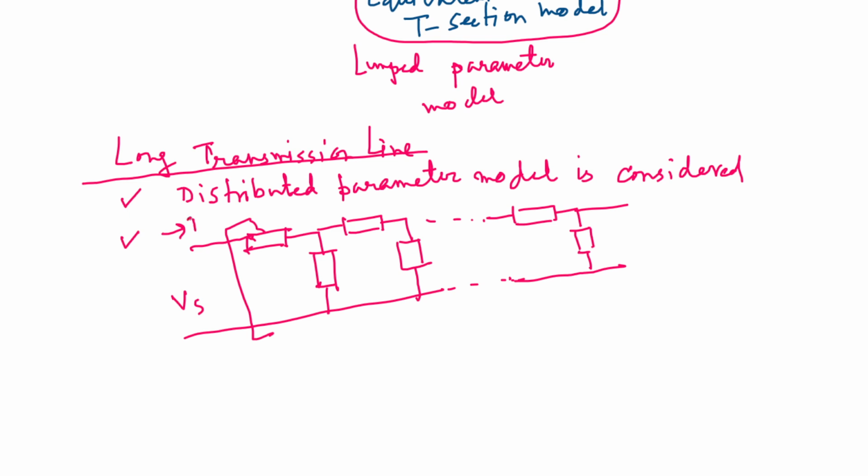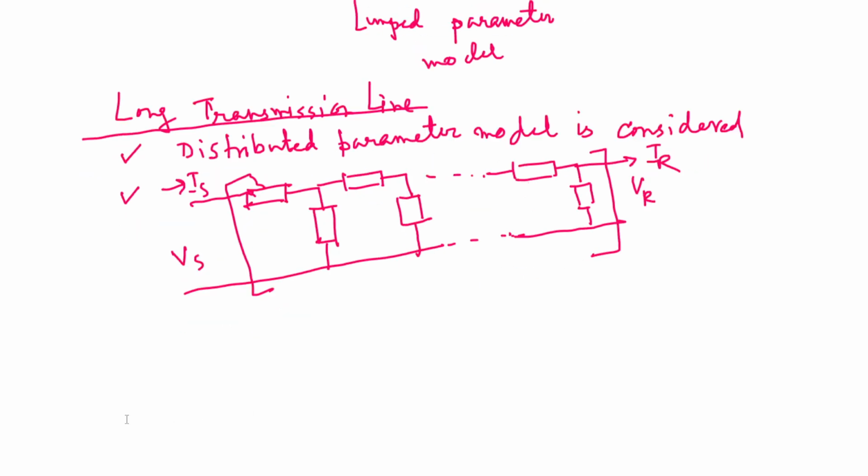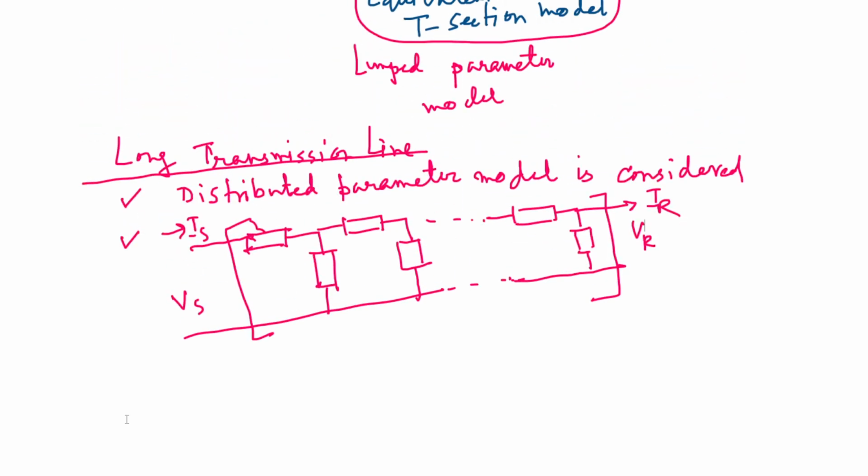We have Is at the sending end, and we also have VR and IR at the receiving end. These small portions have length dx, with impedance z dx and shunt admittance y dx.